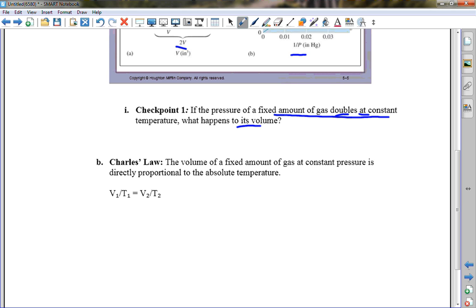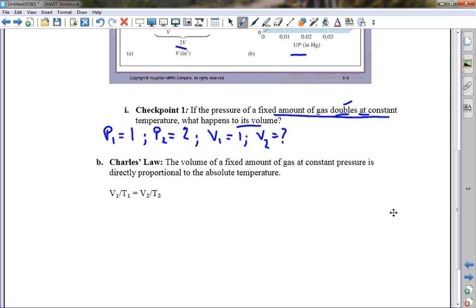Let's say P1 was simply 1, P2 doubled to 2, and V1 was equal to 1. Then we want to know what your second volume is. You can conceptualize this and realize that if you double the pressure, you should end up with half the volume.